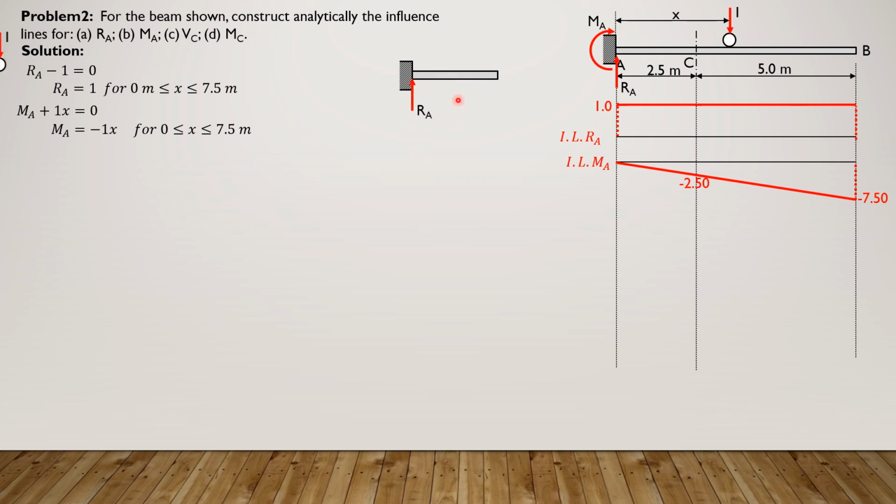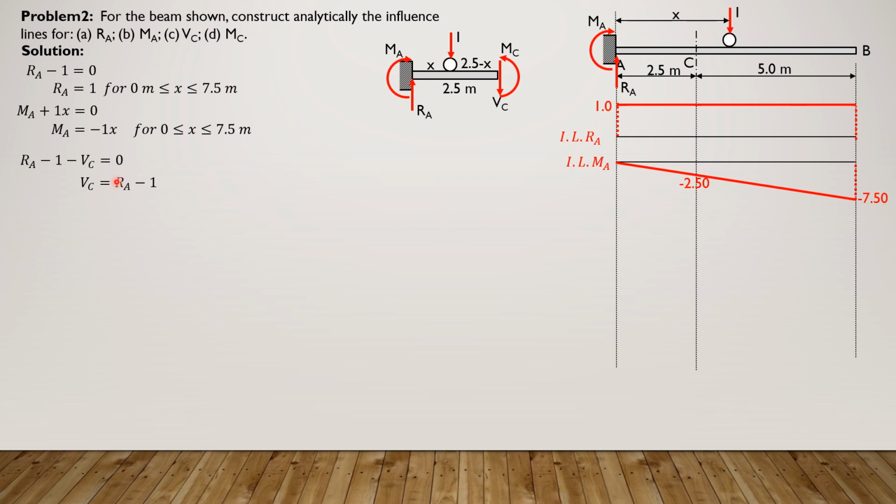From 0 to 2.5, this is the free body diagram. And we have shear going down as the positive direction. And that's the moment at A, positive moment at C. But the equation is summation of forces in y. So it is RA minus 1 minus shear at C equals 0. So shear at C is equal to RA minus 1.